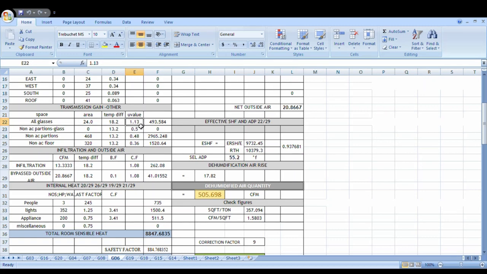I will show later, guys. For non-AC partition glass, we don't have non-AC partition glass, leave it as it is. Now we do non-AC partition and non-AC floor.